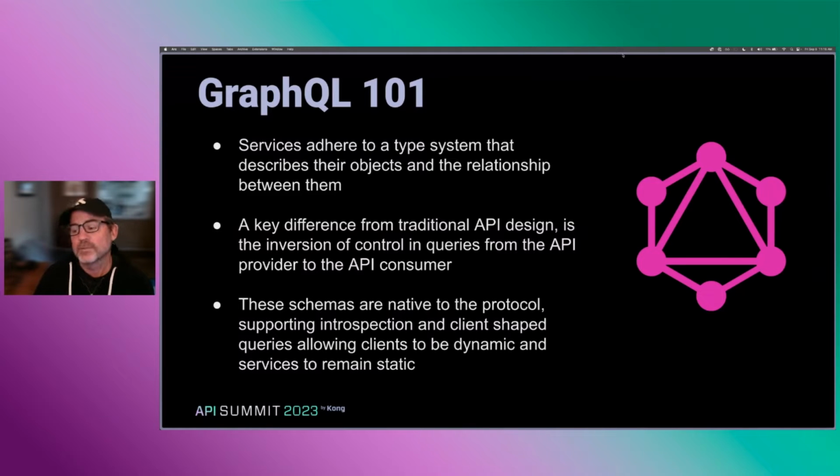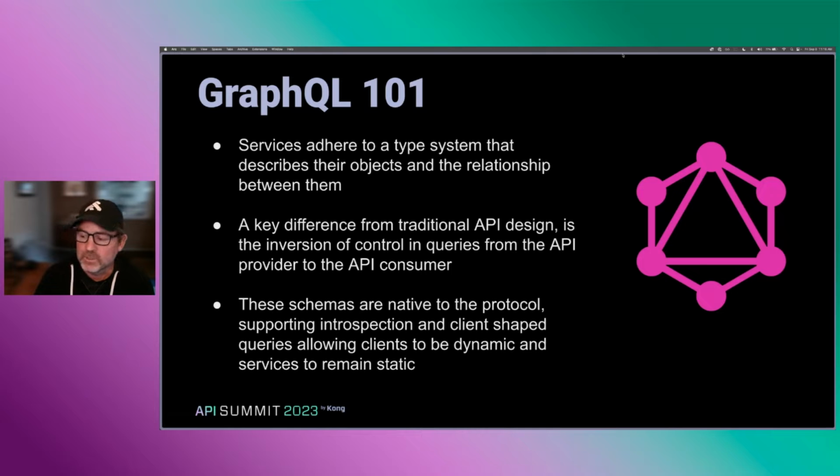So GraphQL offers a solution, and let's look at some base concepts first. With GraphQL, the services adhere to a type system. This type system describes the objects and the relationships between them. And when you implement a GraphQL service, you define complex types and the fields that define them.